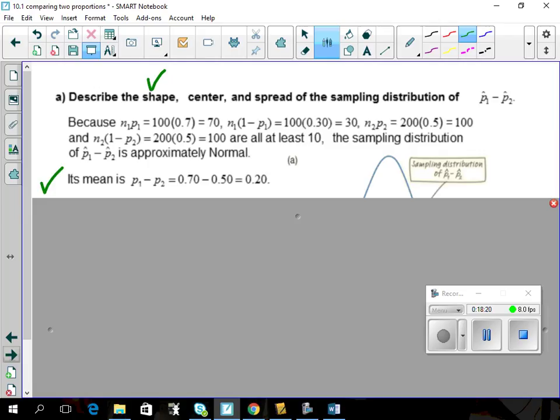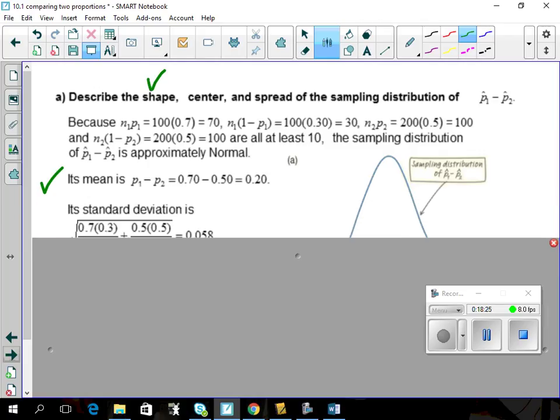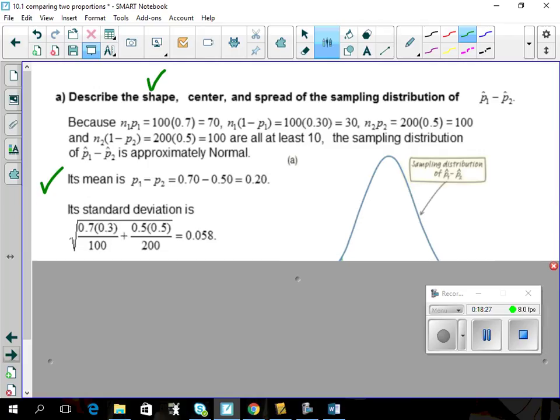And then how about the spread? Okay, let's think about what that's going to look like. For the spread, we have to look at the formula for the standard deviation. So let's make sure that the formula makes sense. We're using the formula on our formula sheet. We have p for both sample 1 and sample 2, and the sample sizes for each of those.